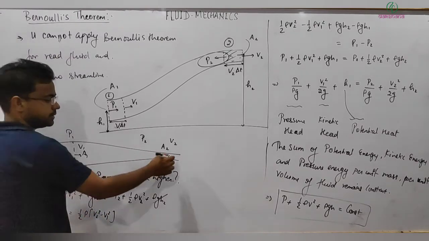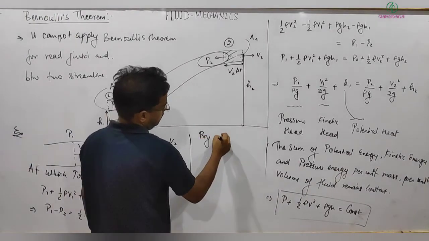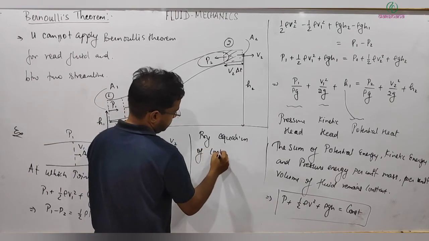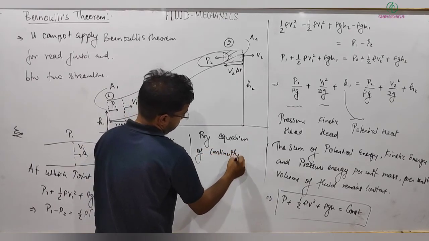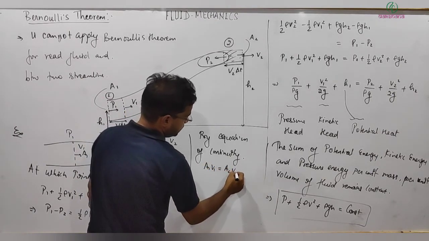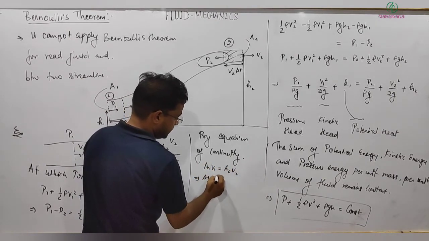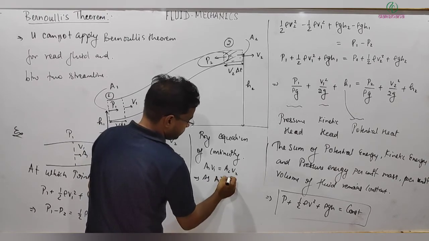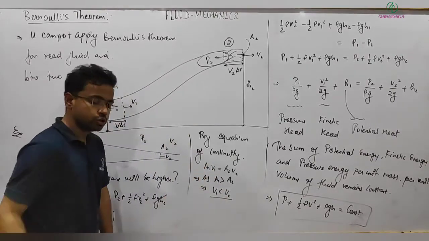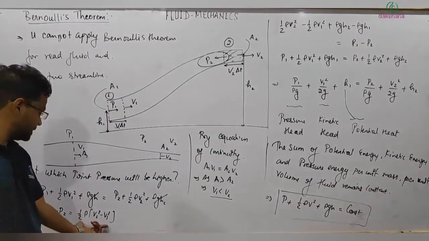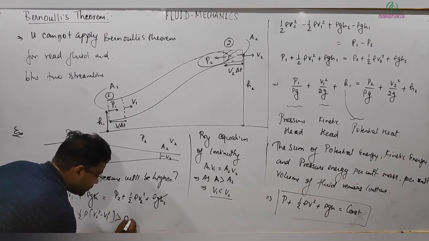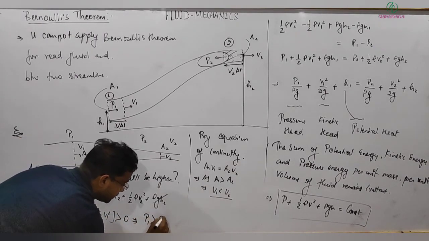Definitely V2 is higher. By the equation of continuity, we can write A1 V1 is equal to A2 V2. As A1 is greater than A2, this implies V1 is less than V2. So V2 is higher, meaning this quantity will be positive, greater than 0, which implies P1 is greater than P2.